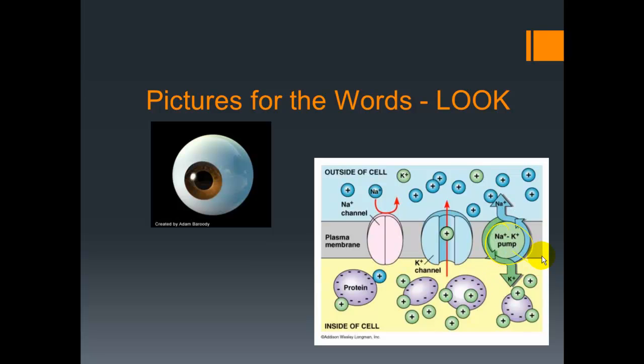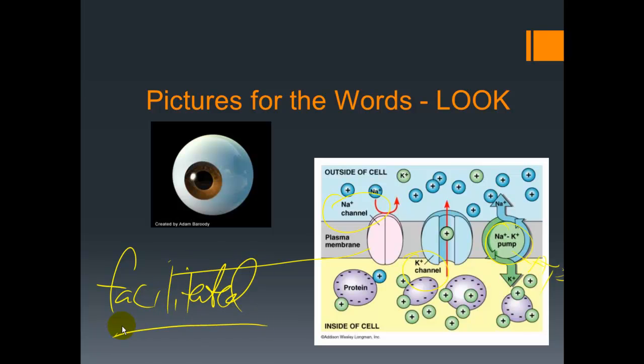A pump is going to be something that uses ATP to move molecules against the gradient. We're going to be talking about two gates or channels: potassium, the banana, and the salty, sodium channel or gate, and these are going to be for facilitated. Again, if you don't know what facilitated is, it is well worth your while to pause here and figure that out.